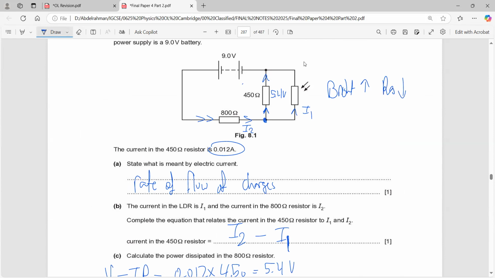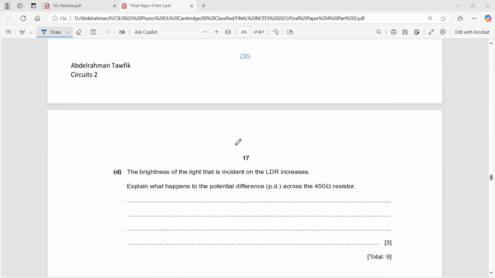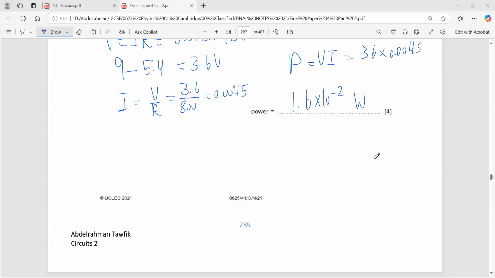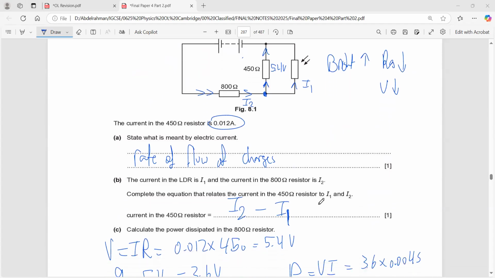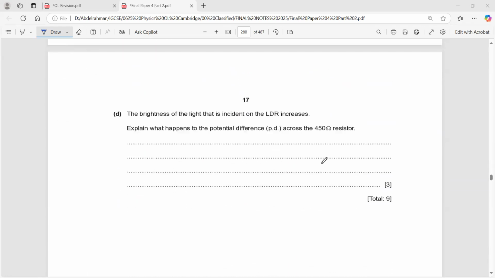Then the voltage decreases and the current increases. He's asking about the potential difference across the 450 ohm resistor. If the voltage on the LDR decreases, what happens to the voltage on the 800 ohm resistor? It would increase. That's all you need to say.